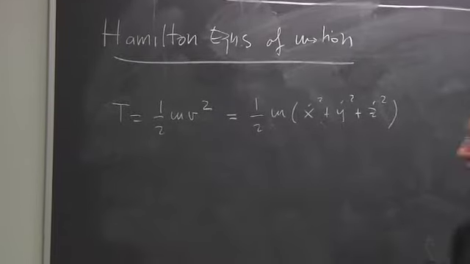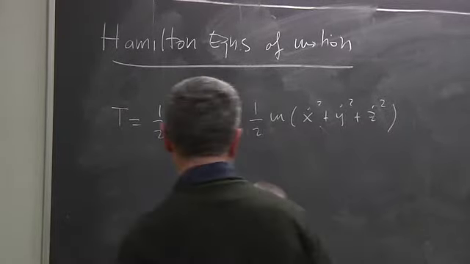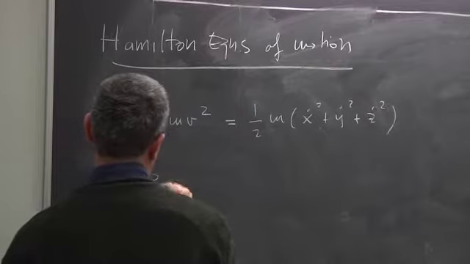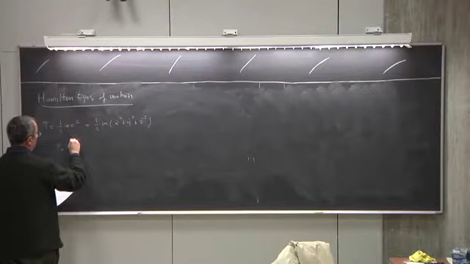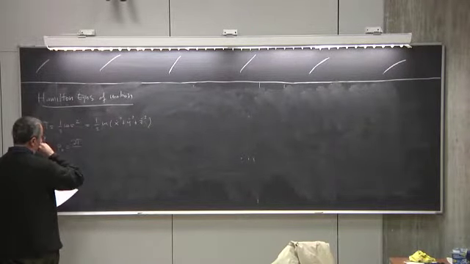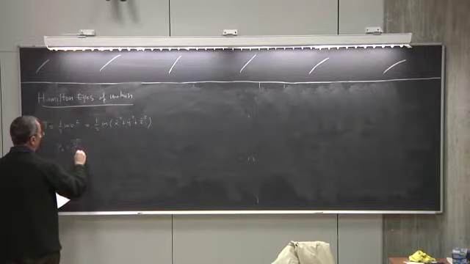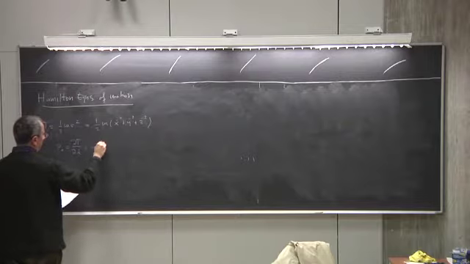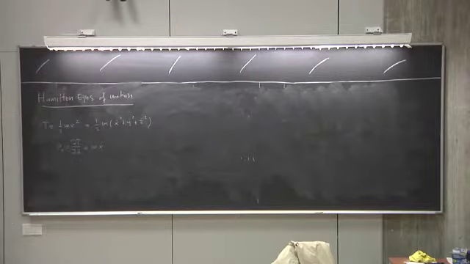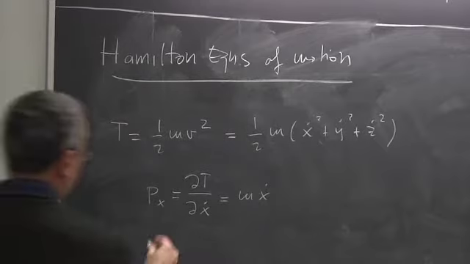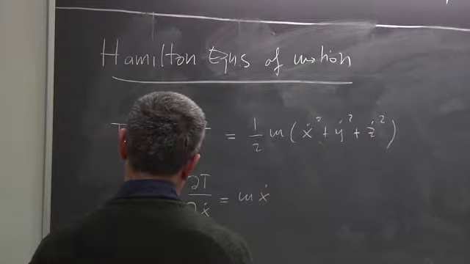So you first have to compute the momenta. Here we are in Cartesian coordinates. So p_x is ∂T/∂x dot, so it's just m x dot. That is nice because it coincides with our understanding of what the momentum is.